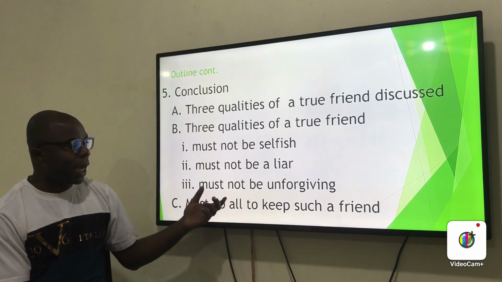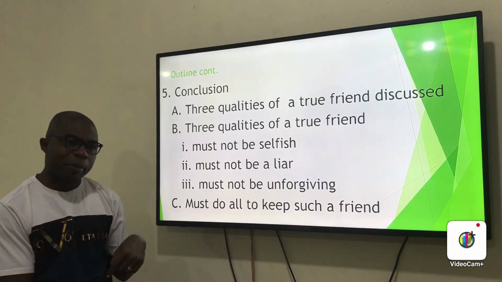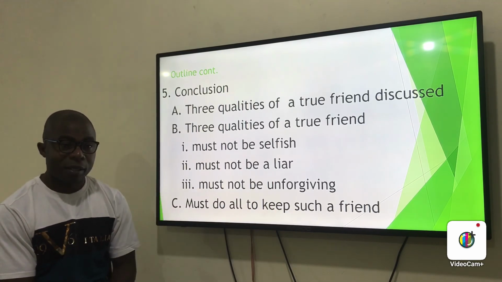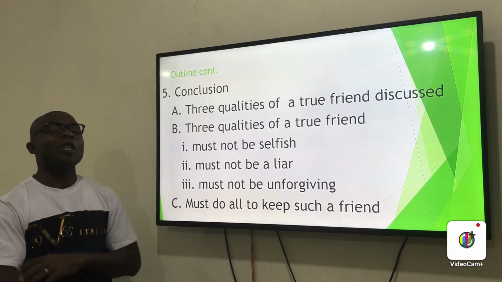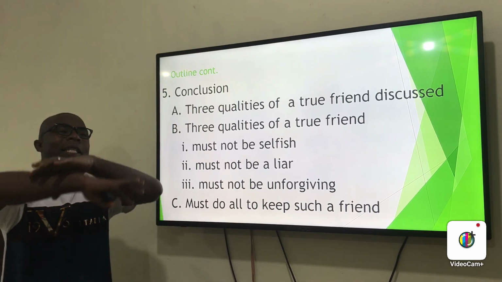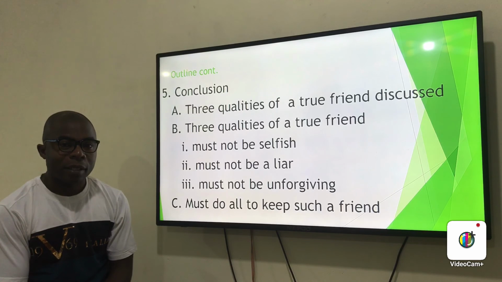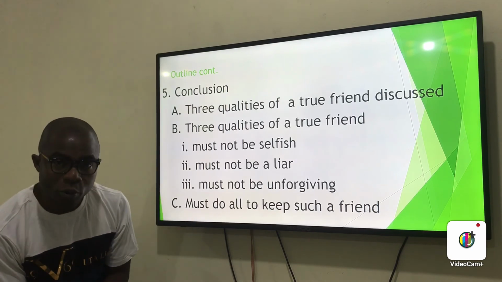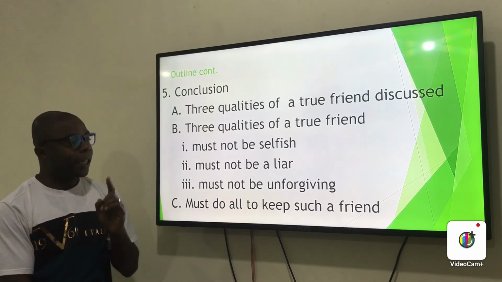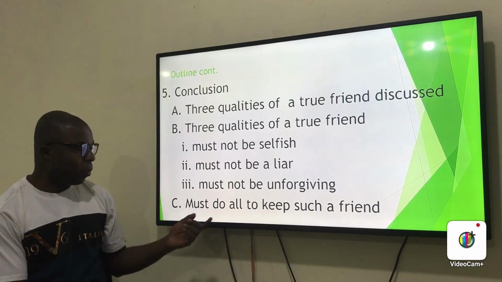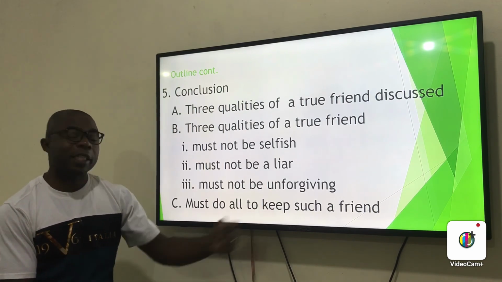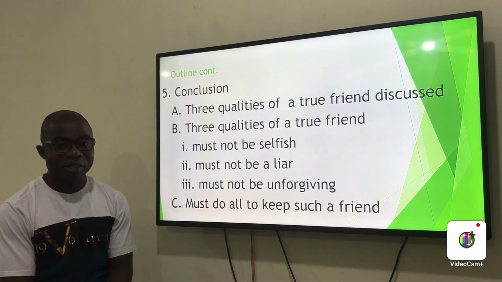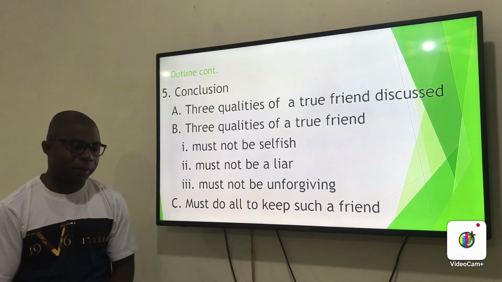Must not be unforgiving. The same concept of must be forgiving. And then the conclusion has a note of finality. After discussing all of this, the question comes, what do you do? And that answer is provided in the last topic, must do all to keep such a friend. So there's a note of finality.